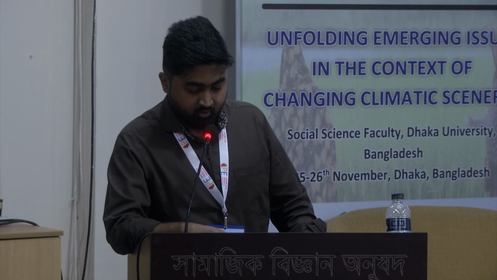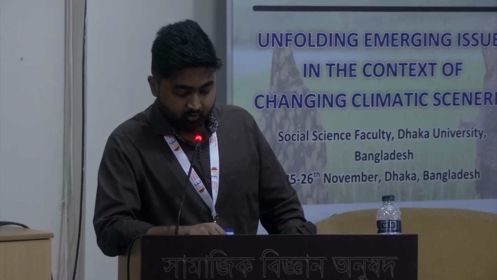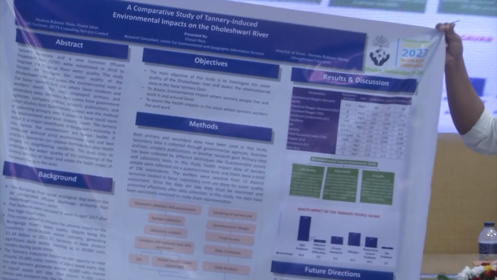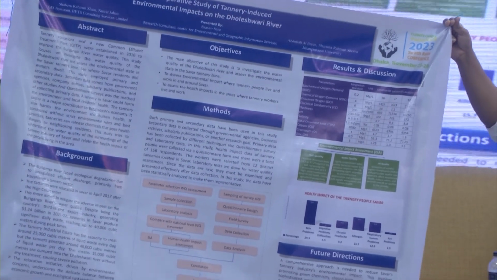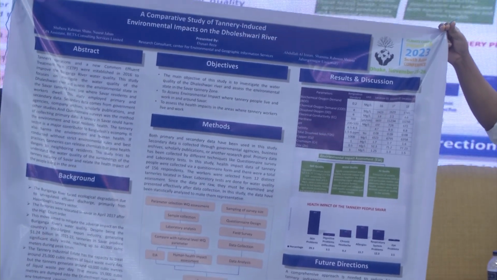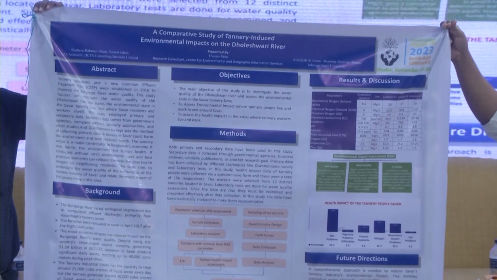In the results and discussion, we have some points. On the quality of water of the Dharashiri River, we have seen a diagram where BOD, COD, DO, and EC percentages are declining.